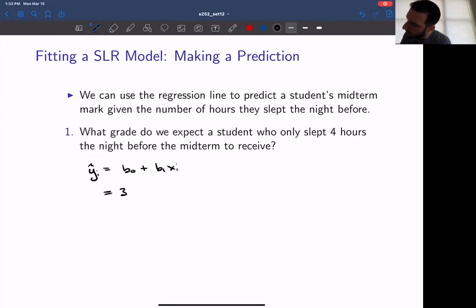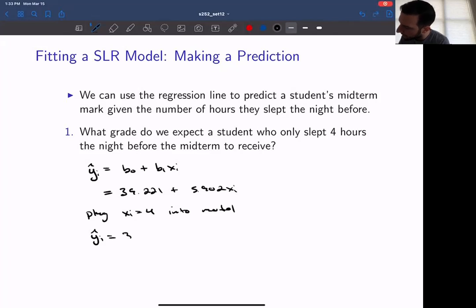So this is going to be 39.221 plus 5.902 xi. Okay, so plug xi equals 4 into the model. This gives yi hat is equal to 39.221 plus 5.902 multiplied by 4. And that gives us 62.83.